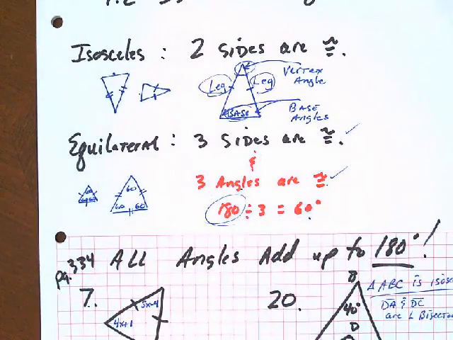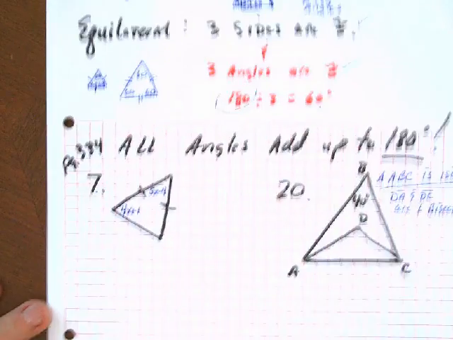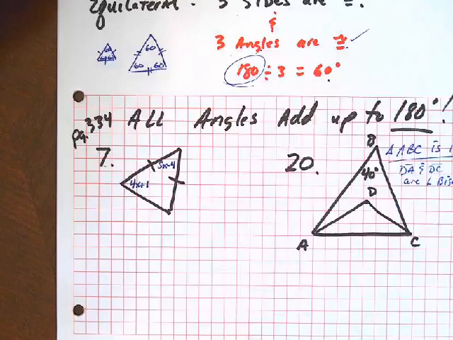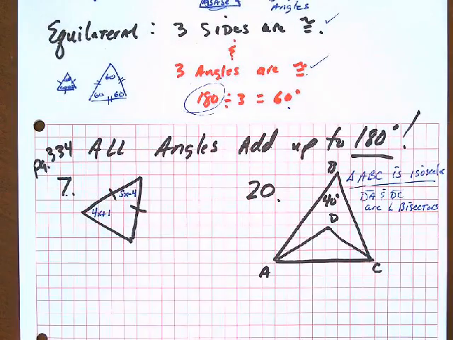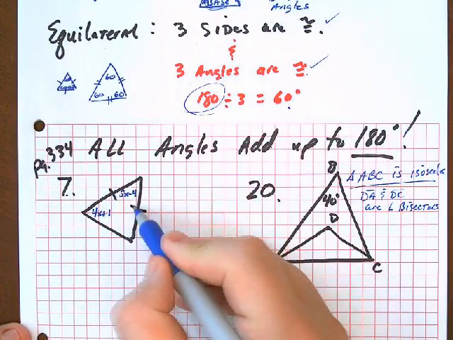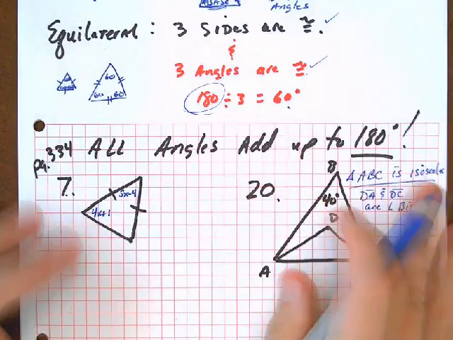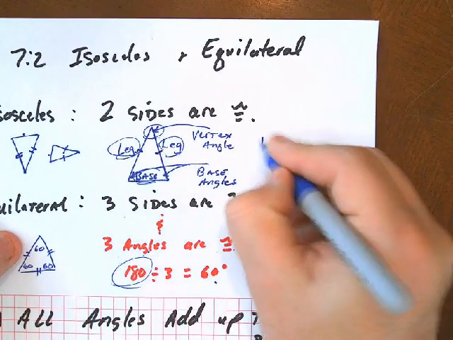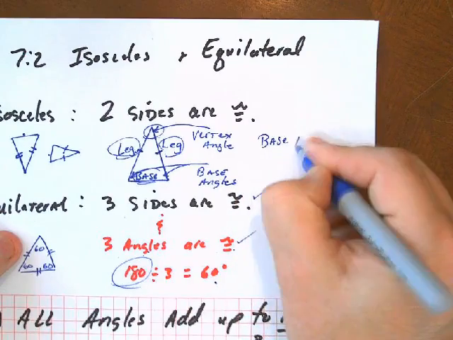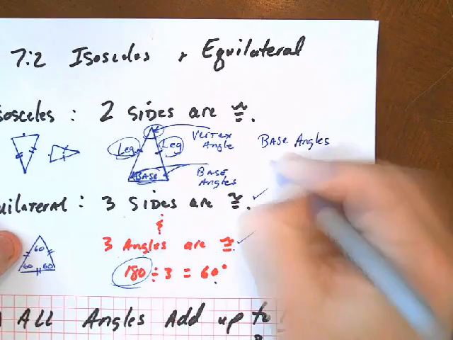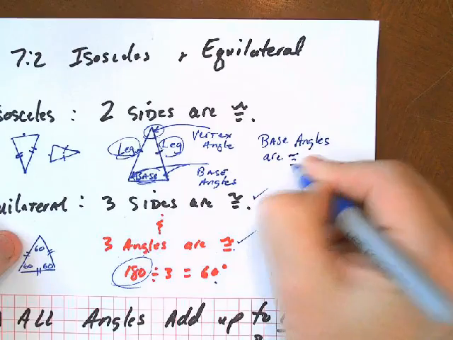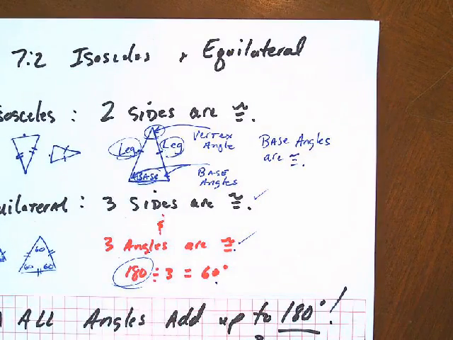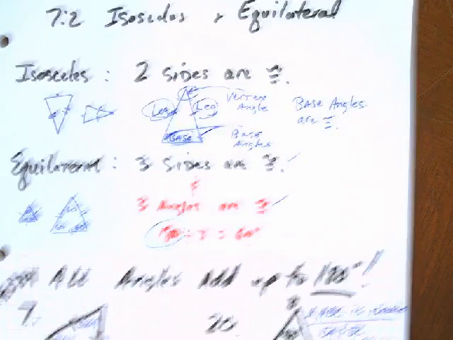Okay, here's a couple examples. All angles add up to 180. Here we go, number 7 on page 334. We know this is isosceles. If these two sides are the same, then the base angles are congruent. Since they're opposite congruent sides, the angles are congruent.